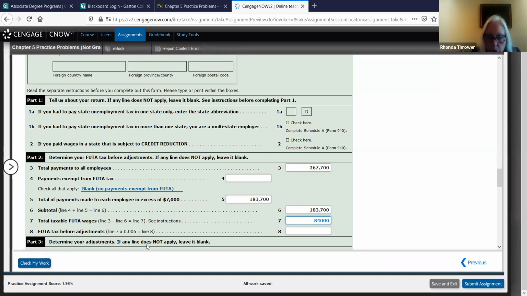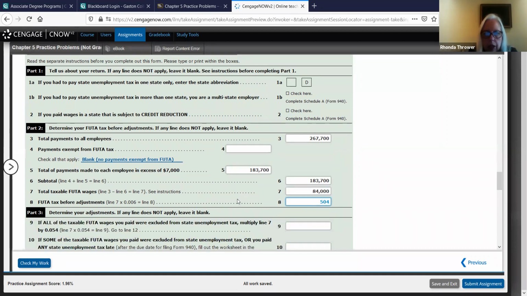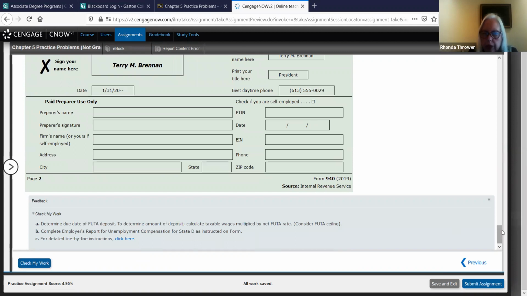And I'm going to multiply line 7 by 0.006. And the total amount of the FUTA was $504. I'm going to go ahead and check my work just to make sure my math is correct there.